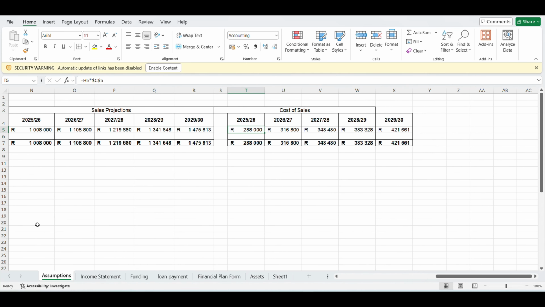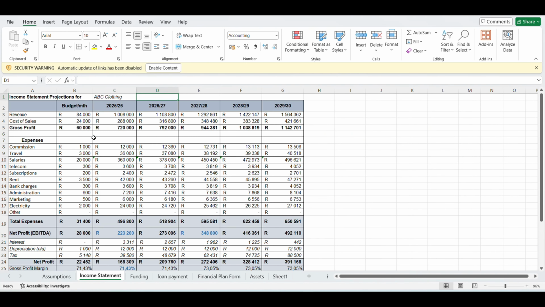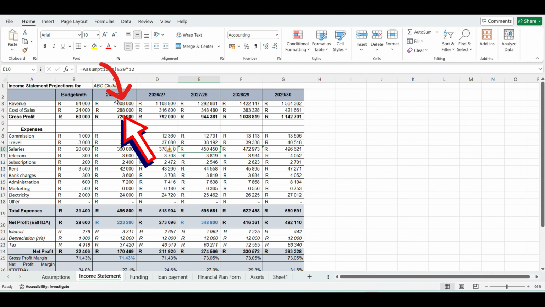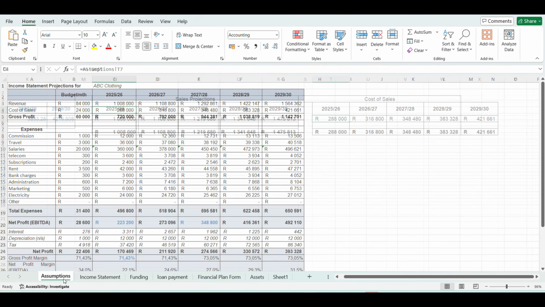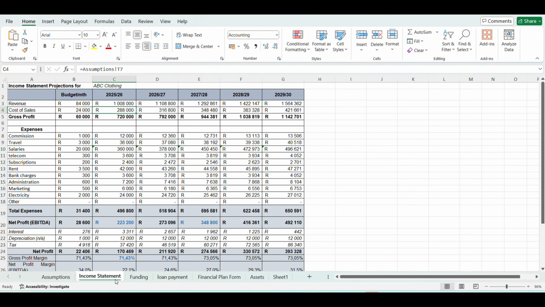These values you will recall from the previous episode then get carried over to the income statement. So you can see it's 1,288,000. Just to double check, the 1 million and the 288, right? So this is the projection now for the first year of operations once you get your funding.